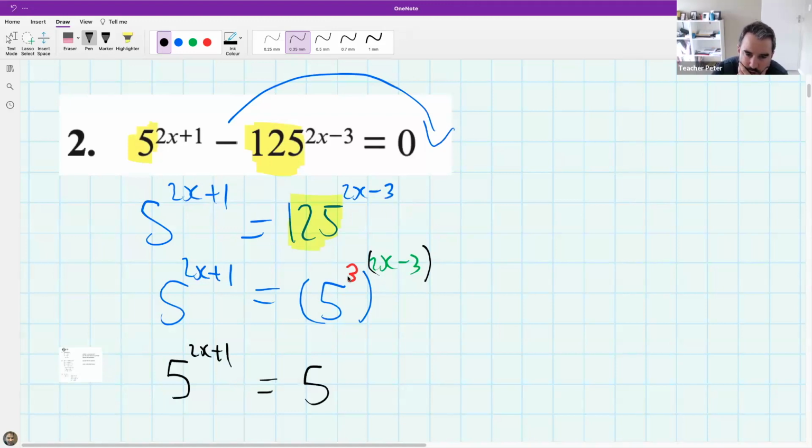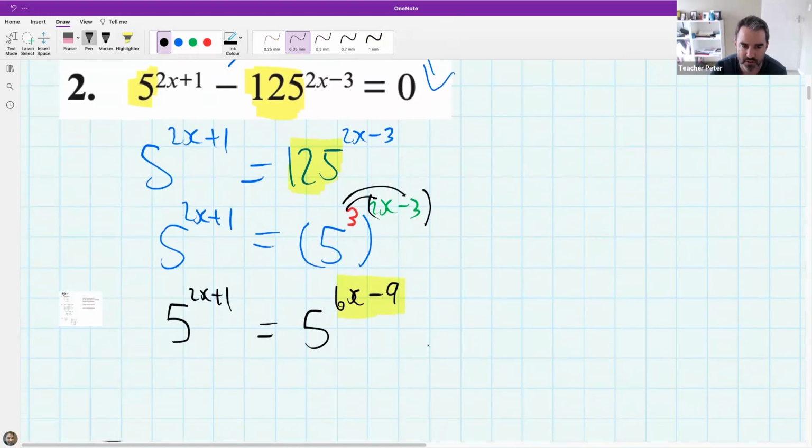Okay, so the very difficult step was getting this bit right. But if you got that bit right, then it should be a case of now saying, look, the bases are the same.